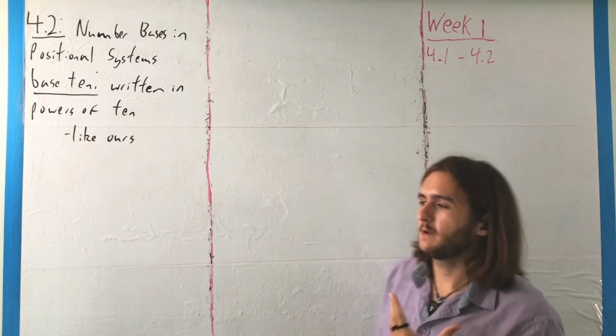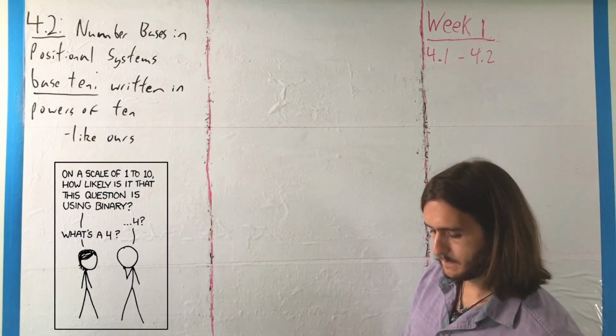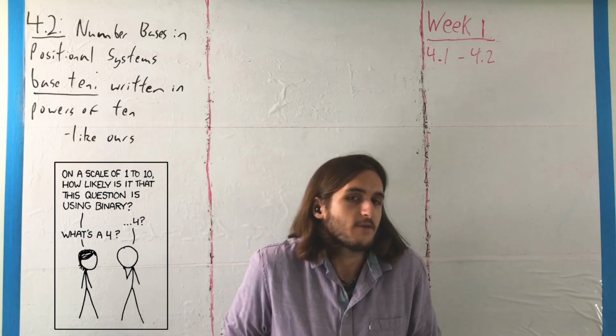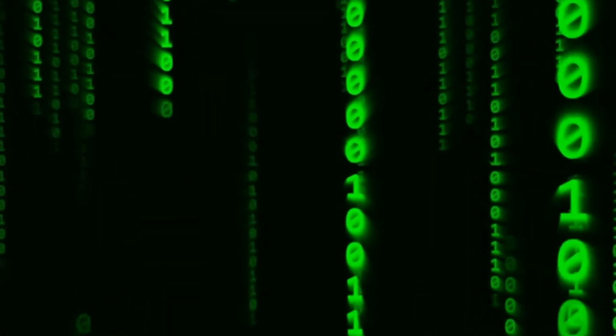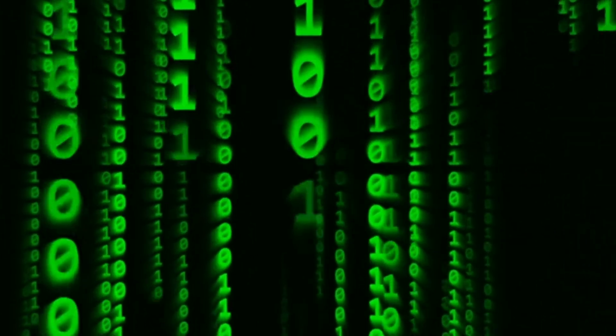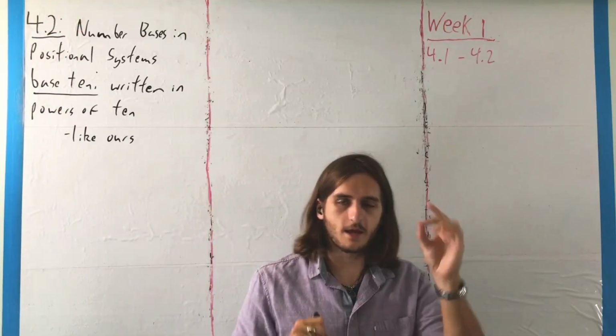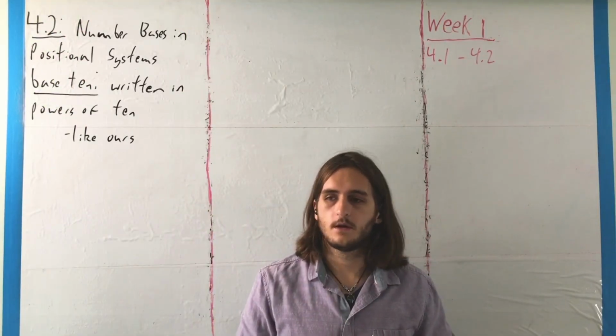Anyway, we're talking about binary. Binary is a system that on its face looks very simple. It's just ones and zeros. Something or nothing. Yes or no. On or off.